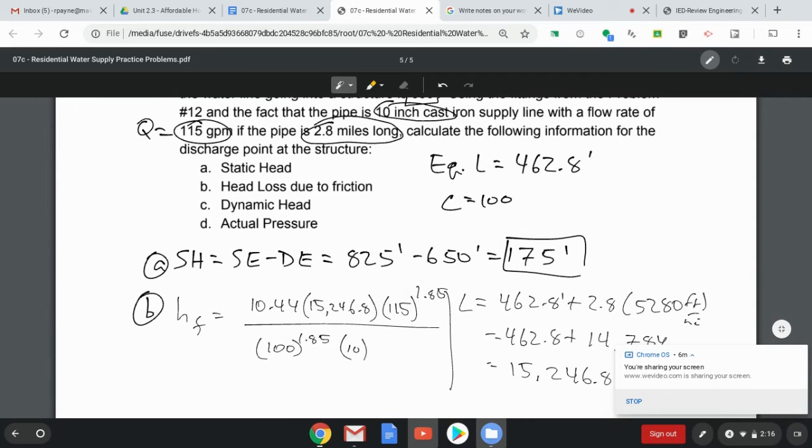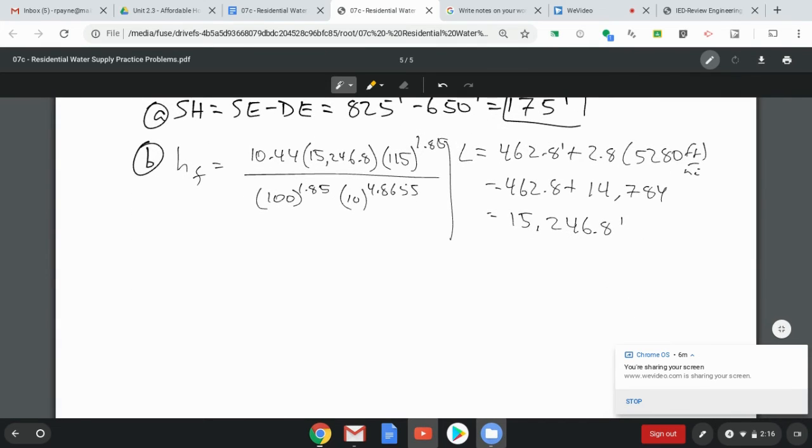So 10 raised to the power of 4.8655. Remember, when you type this into your calculator, I'm using a screencast where I can't show you my calculator right now, so I want to make sure I show you this because this is where you do need to be very careful. So think of everything in the numerator divided by everything in the denominator, but the denominator you need to be careful. So you're going to type in 10.44 times 15,246.8 times 115 with a caret of 1.85.